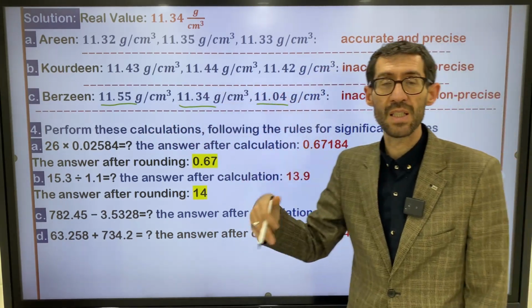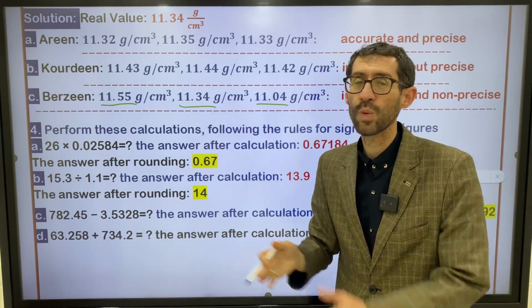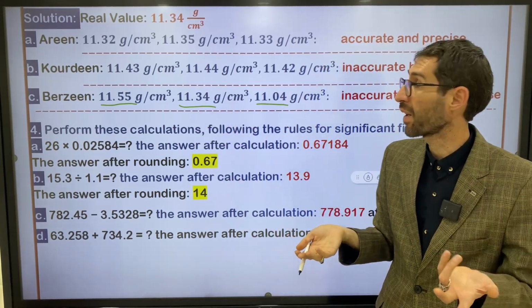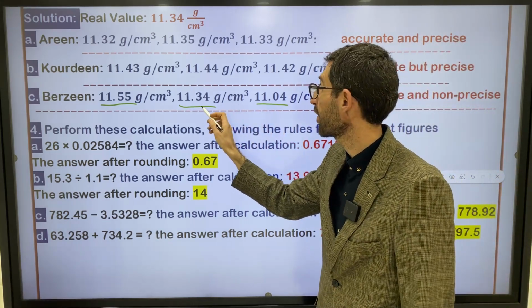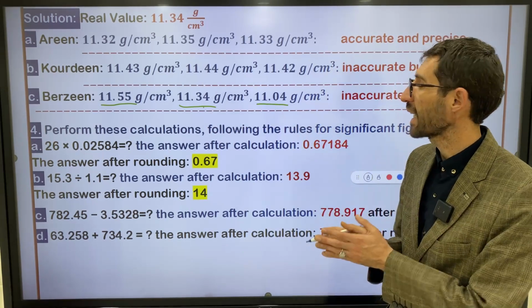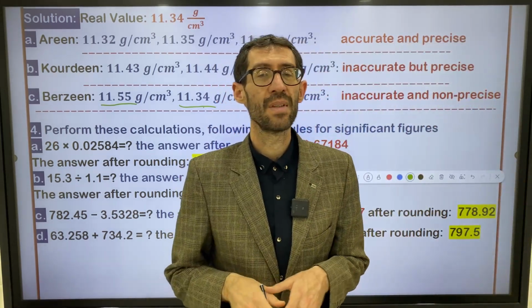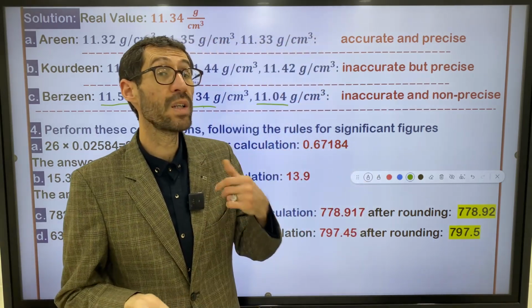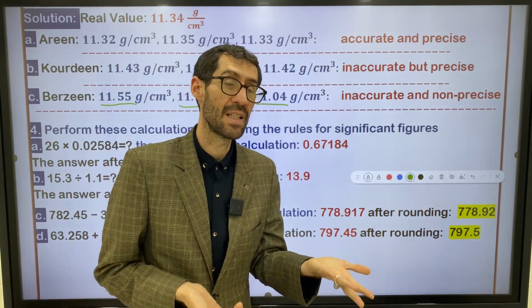It's like the previous case. They are very far from one another. What do you say about 11.34, 11.04? So I can say all of the readings are far from one another. That's why they are non-precise.